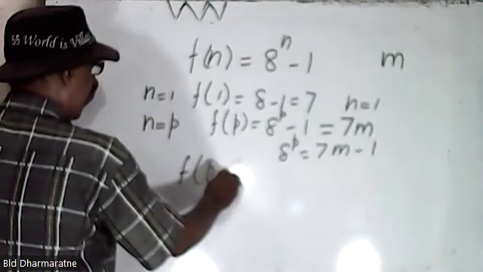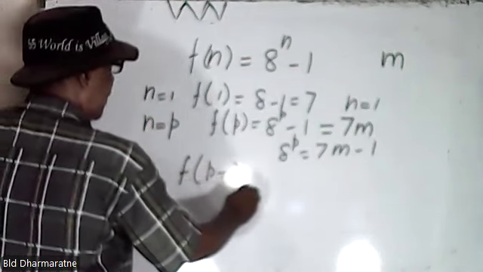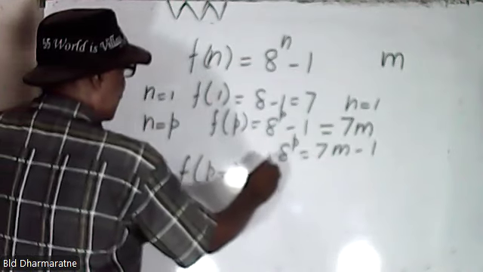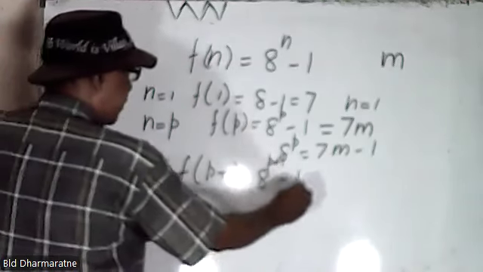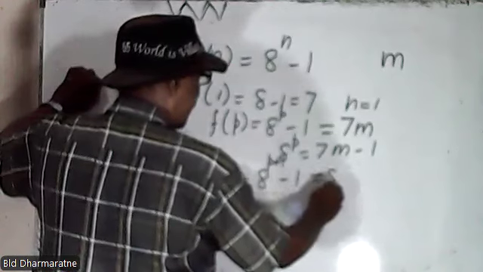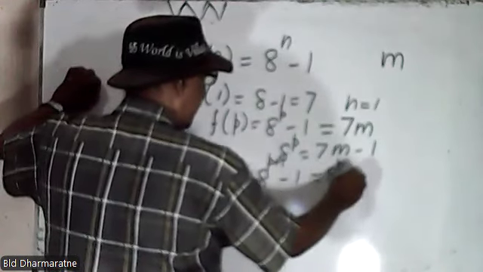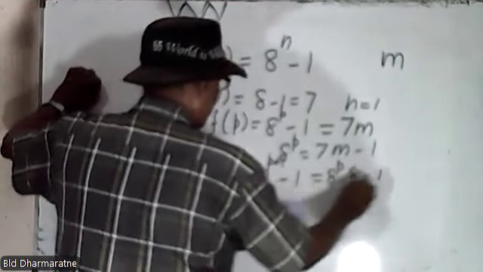The method is like this: 8^(p+1) minus 1, which can be written as 8^p times 8 minus 1.